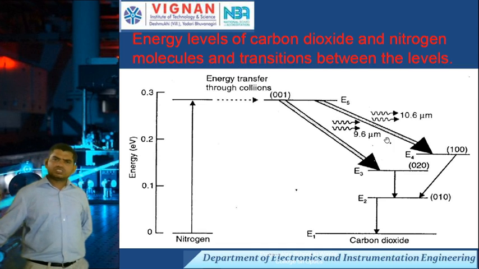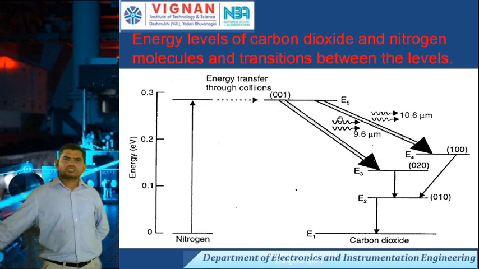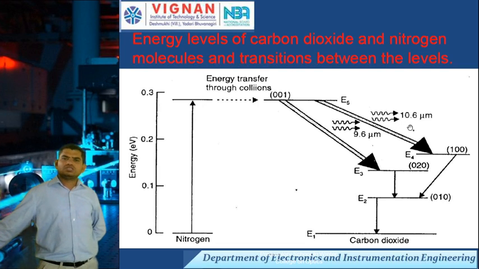Due to the population inversion, the molecules fall down to E4 and E3. Between these levels we get laser beam output at wavelengths of 10.6 micrometers and 9.6 micrometers. The 10.6 micrometer output is from the 100 level, and the 9.6 micrometer output is from the 020 level.